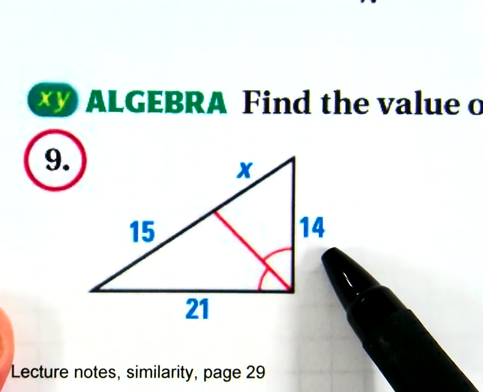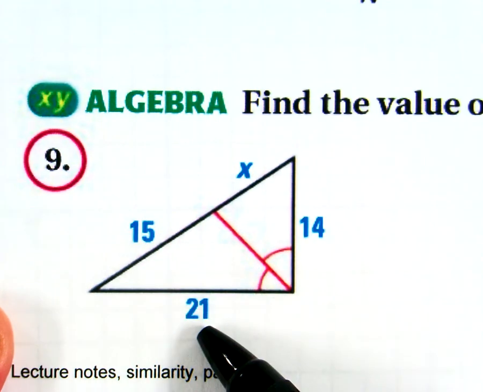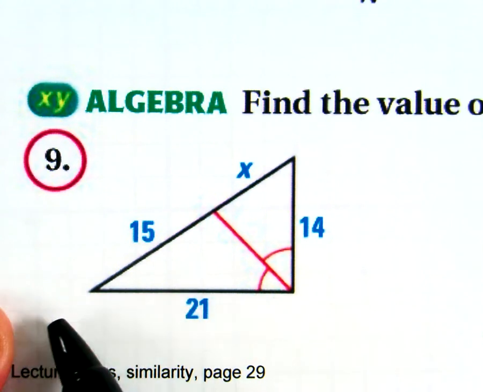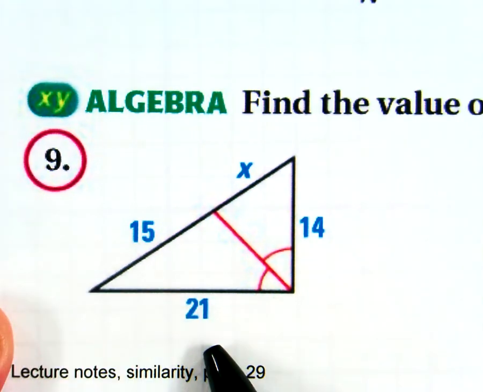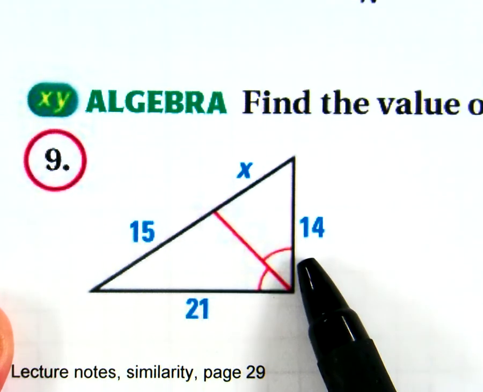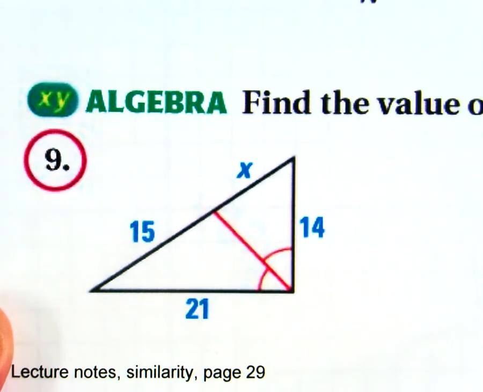X is to 14 as 15 is to 21. So you can solve that. This is the relationship 5 to 7. Putting it here, what would it be? 2. Okay.